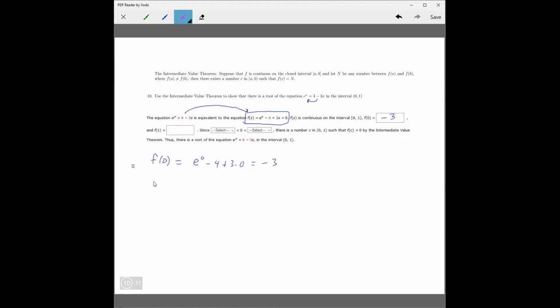And then you're going to calculate f of 1 by plugging a 1 in here. So that's e to the 1, or just e, minus 4 plus 3 times 1. So that's going to be e minus 1.